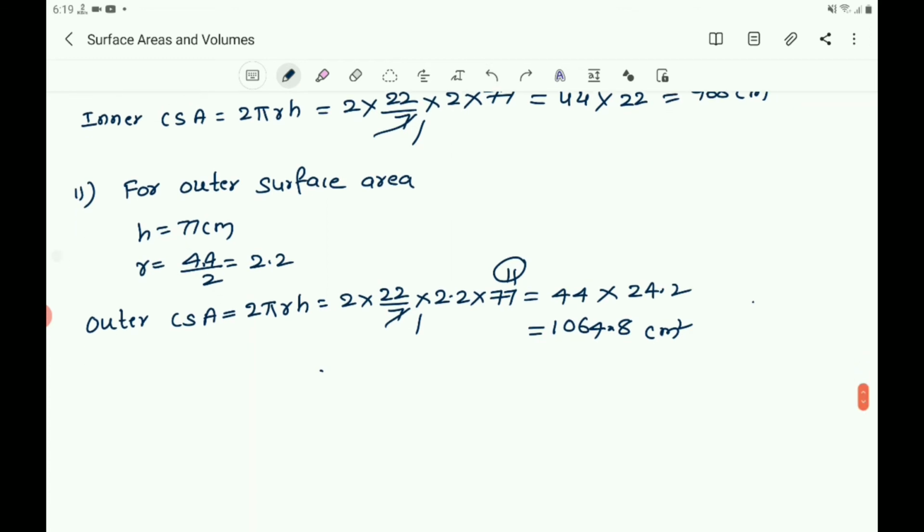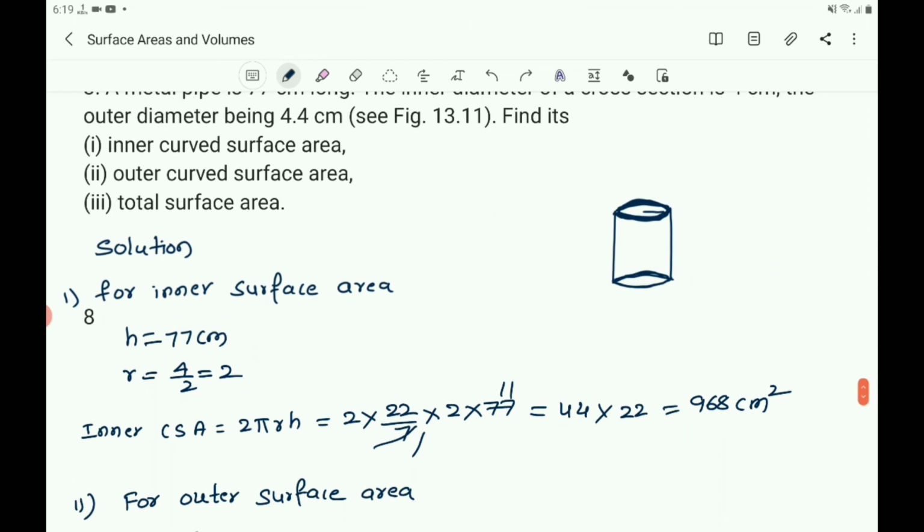Then what is TSA? Here it is a pipe, it is having certain thickness. As it is having certain thickness, it is also having certain base. This base area will be there. So here inner radius, outer radius is there. Then we have to find out the area of the upper bases and lower bases.